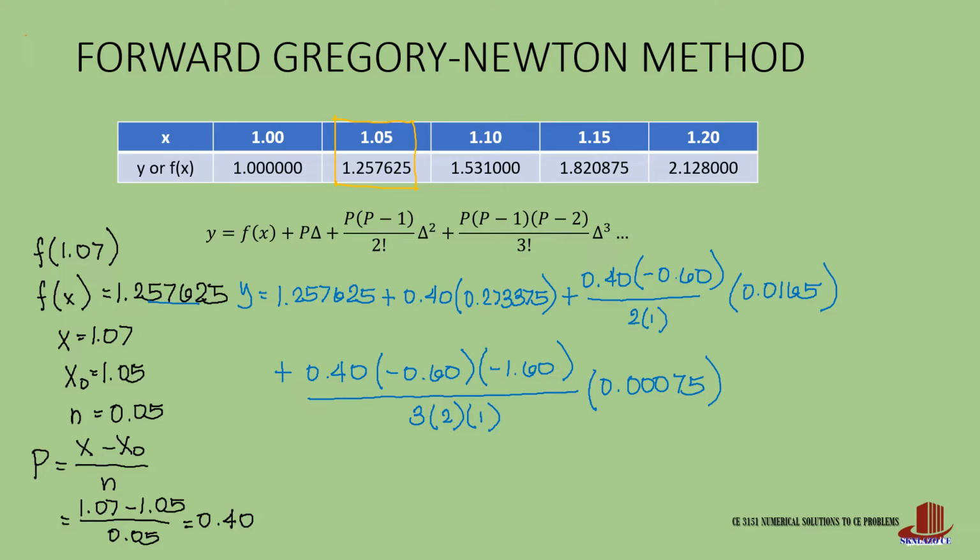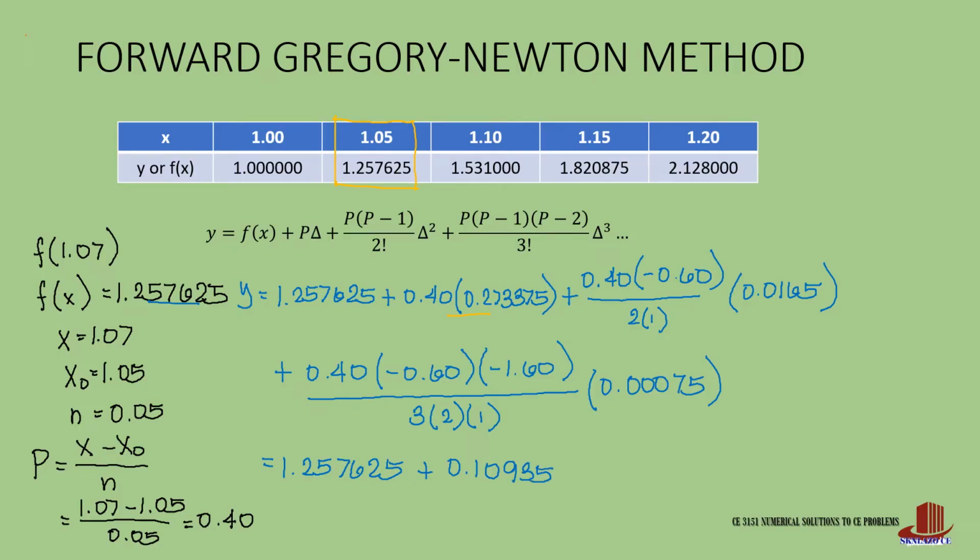So if we are going to simplify, we have 1.257625. Everything here would still be a plus, so that is plus 0.10935.